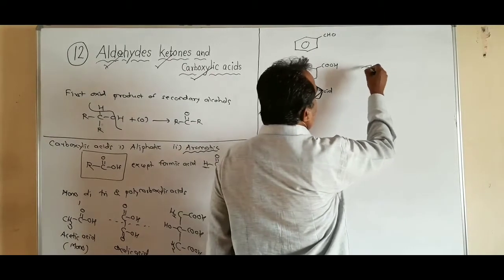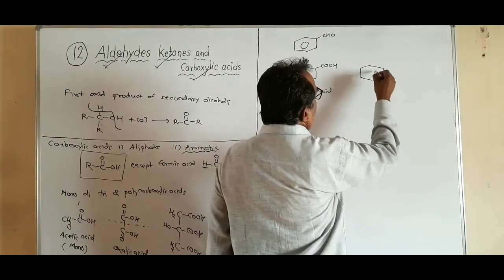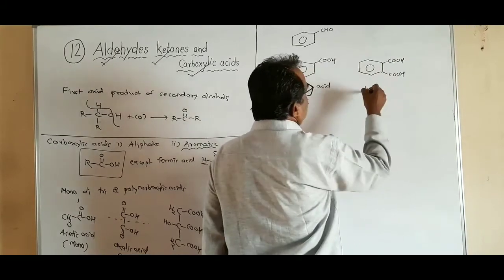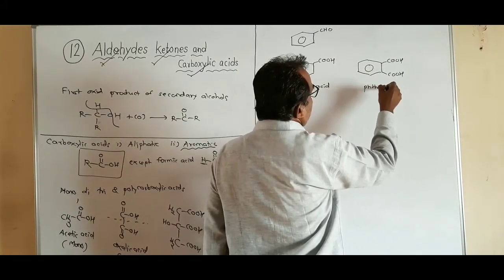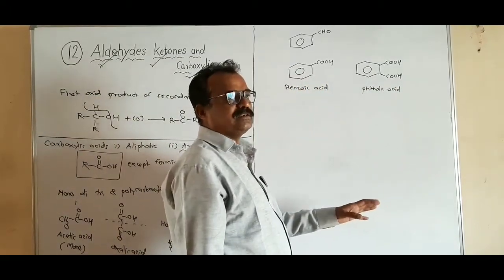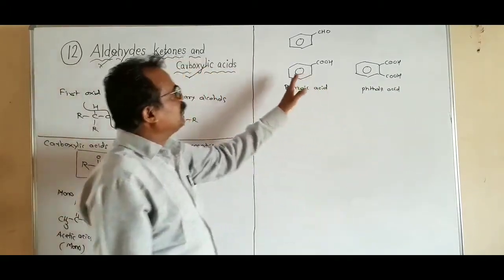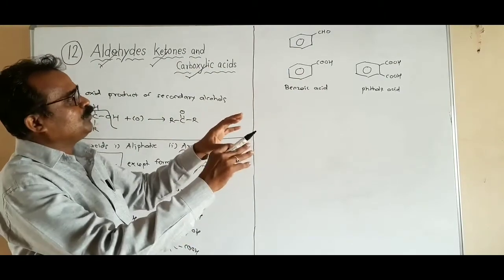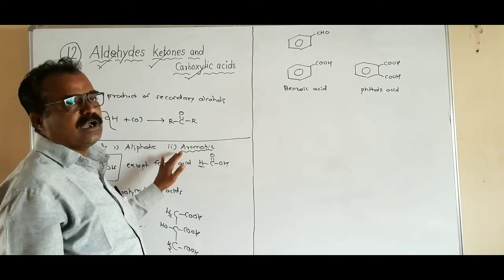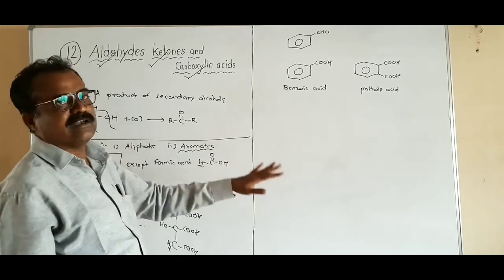Or if it contains two carboxylic groups, this is known as phthalic acid. So one or more carboxylic groups, when directly attached to the aromatic ring, we call them aromatic carboxylic acid.